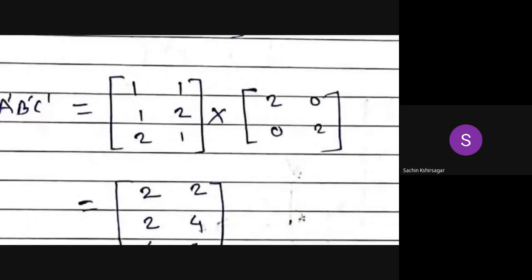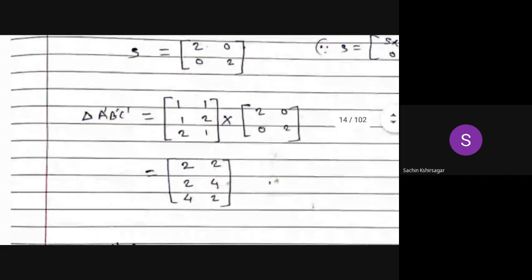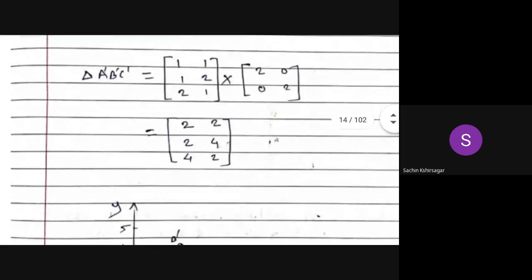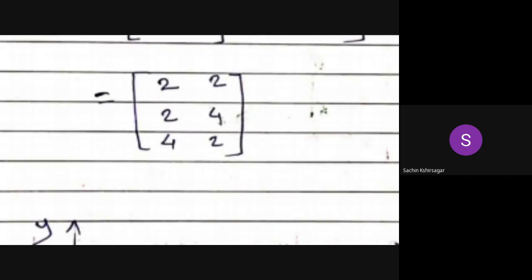After the multiplication, we will get the answer [2 2; 2 4; 4 2]. If anyone is having a problem with matrix multiplication, we will discuss it afterward, because last time we used a minimum of 1 hour for the multiplication.